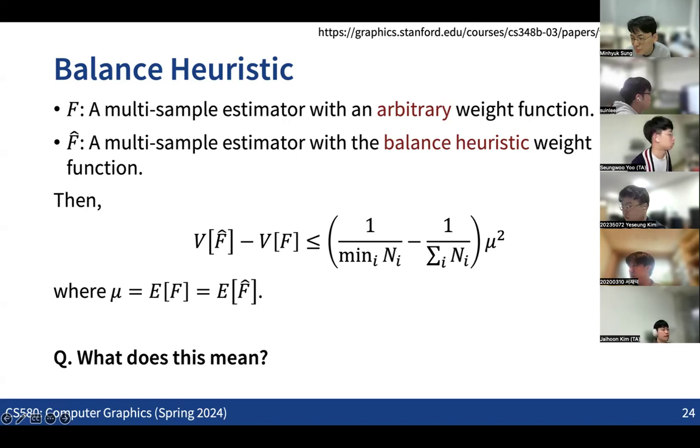So this does not mean that the variance of the f hat is smaller than the variance of the arbitrary estimator f. Actually, it should be bigger or the same.